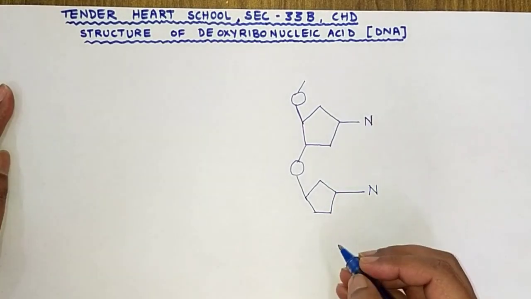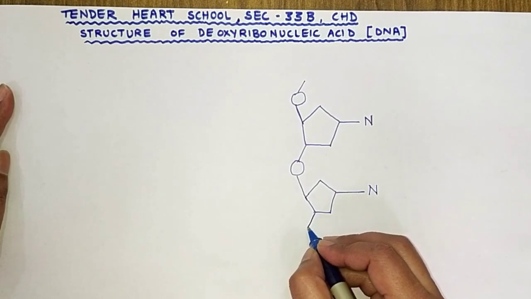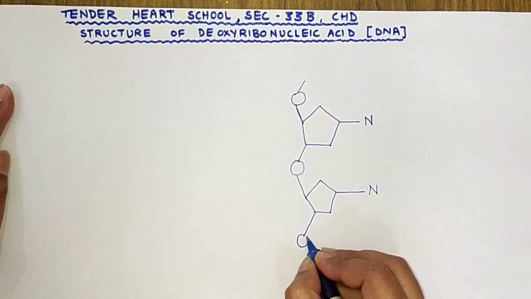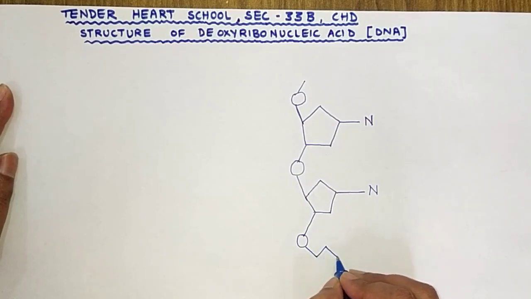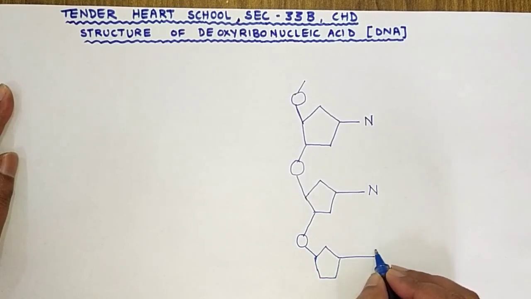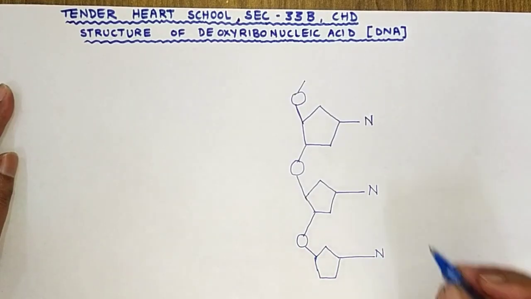This is one strand I have shown you, right? One strand, and I am showing you 3 molecules of nucleotide here: phosphate group, pentose sugar and nitrogen base. Now this is one strand.